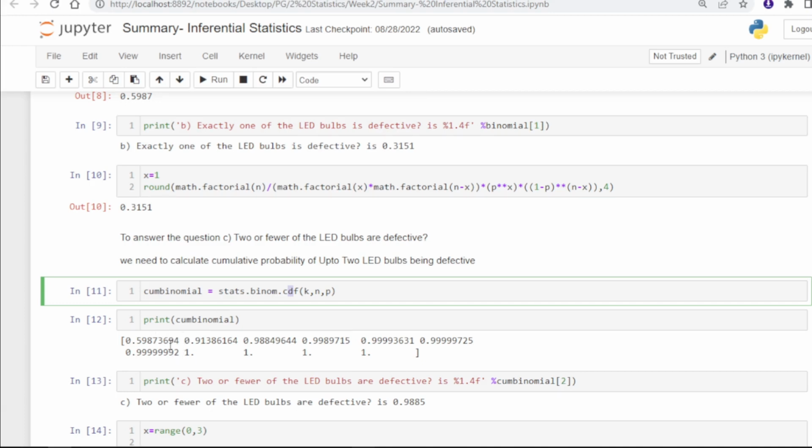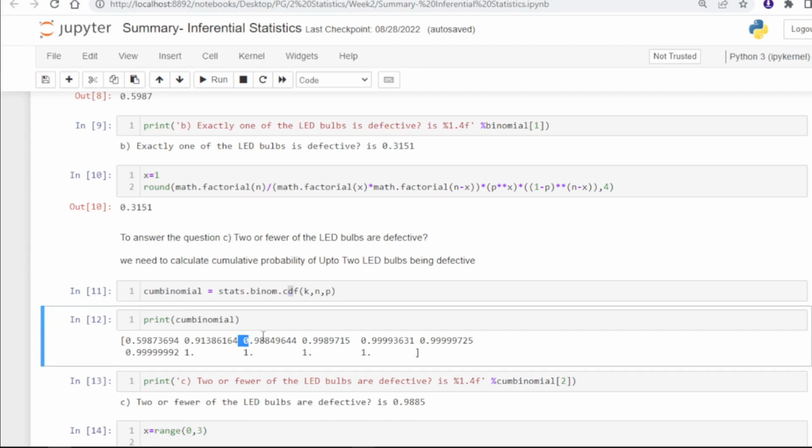And if we get that list, here you can see the value. So for 2 or fewer LED bulbs defective, we take the index 2. And here, the 98% we can tell that 2 or fewer of the LED bulbs are defective, meaning at most 2 LED bulbs are defective, the probability is 98%.